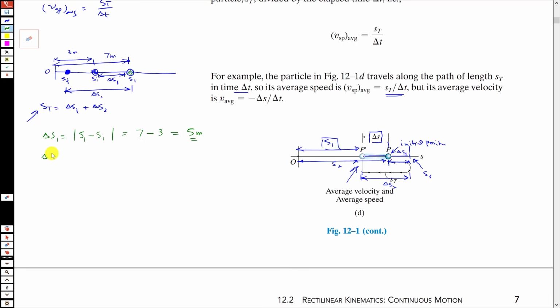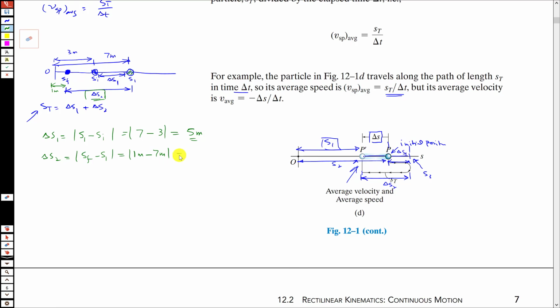And let's say that delta s2, the final position in this interval, will be sf minus s1, and we will take the absolute value. Let's say that the final position is 1 meter, minus s1, which is 7 meters, and we will take the absolute value whenever we are finding the distance.